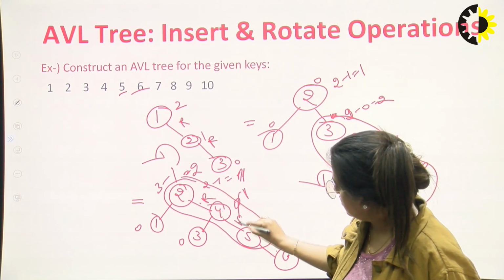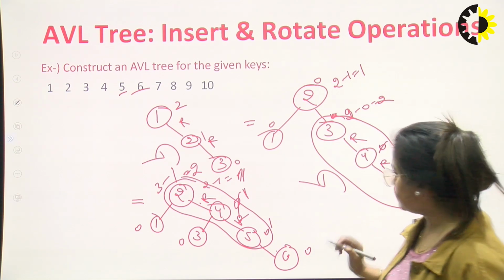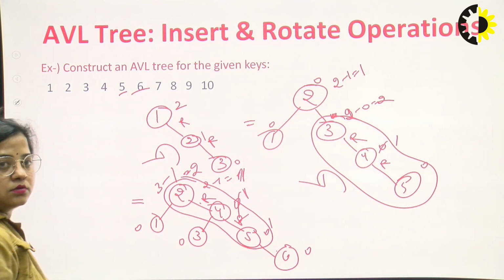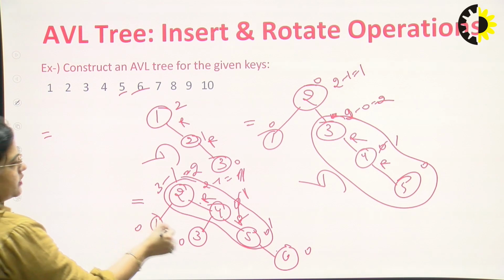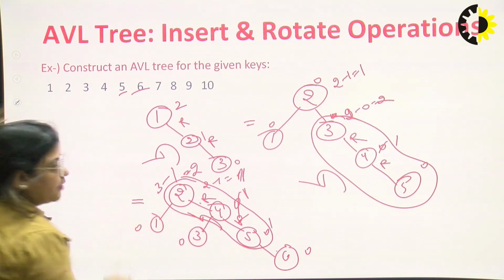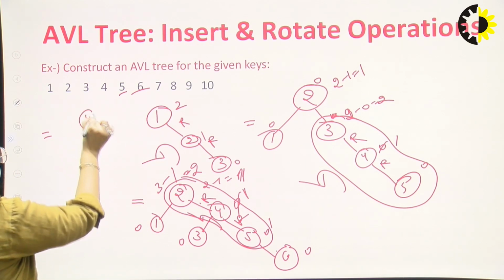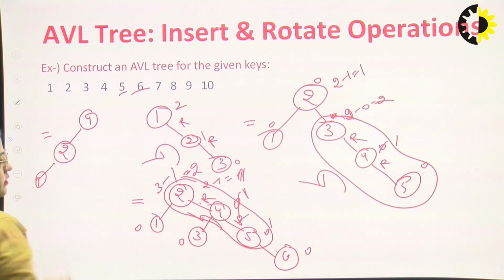RR rotation means now comes to balanced according to this, which type? Anti-clockwise. So 4 is here and 2 is here and 1 is here.